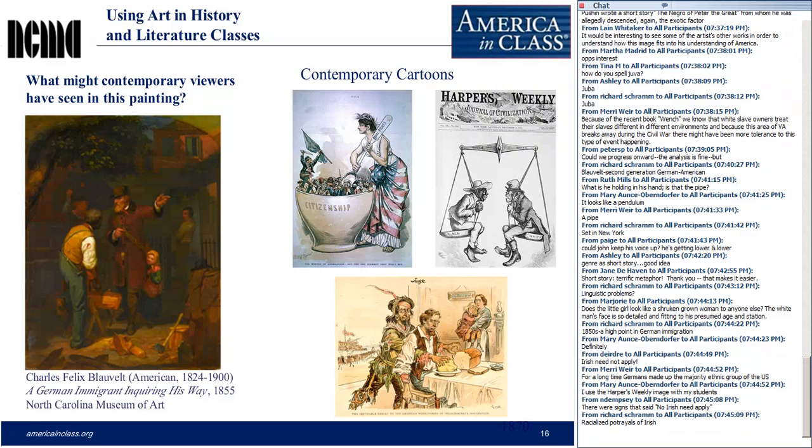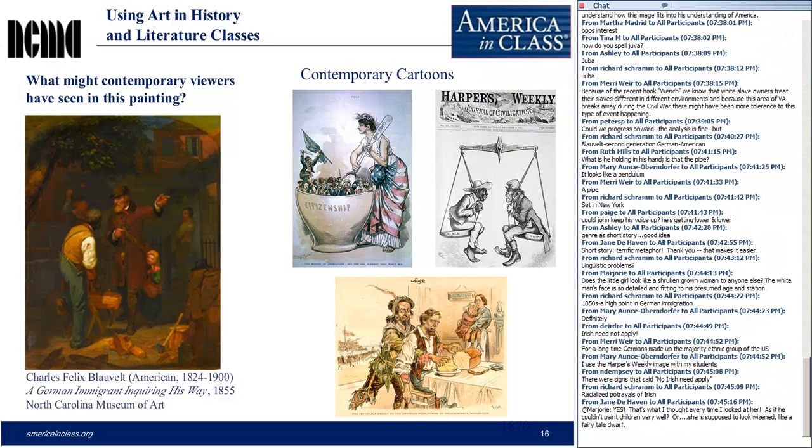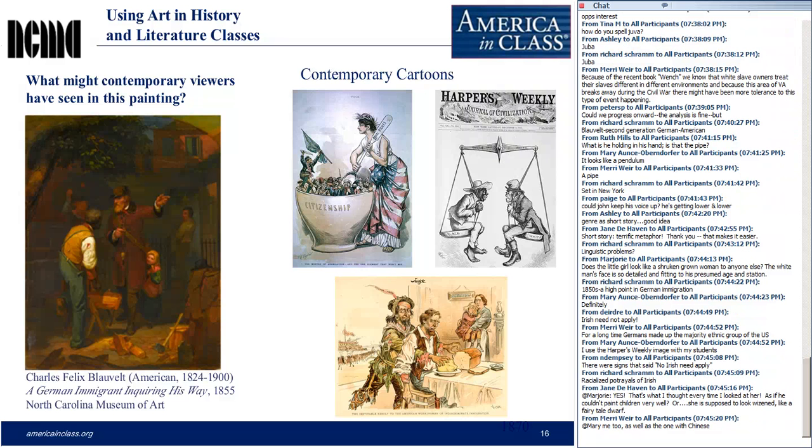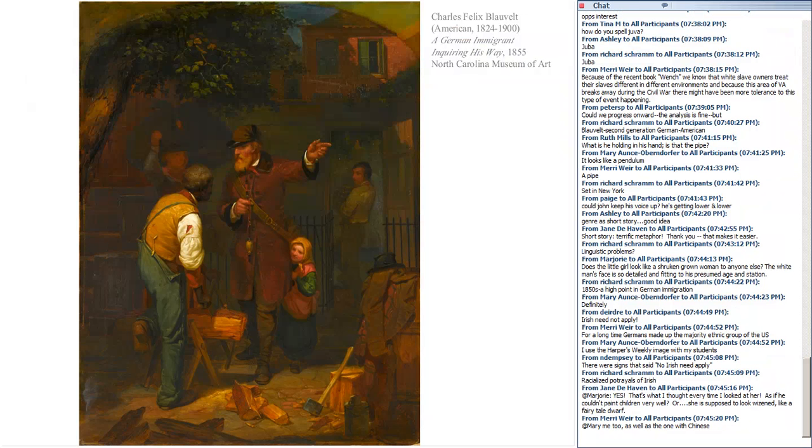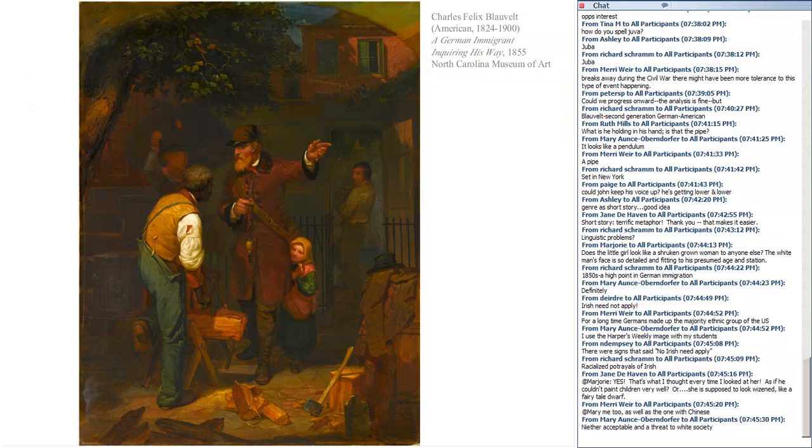So let's go back to this picture again. Politically, the influx, the sort of tsunami of Germans coming into America in the decade before the Civil War proved convulsive for American politics.